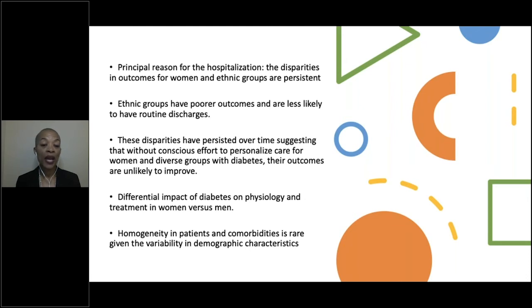Homogeneity in patients and comorbidities is rare, given the variability of demographic characteristics. In other words, oftentimes an algorithm, or as models are set up, they are looking at a specific disease condition. We wanted to know, how did this impact length of stay and cost of care when other comorbid conditions can be present?